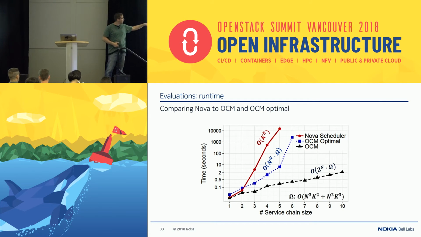Right from the third or fourth chain size, Nova Scheduler cannot accommodate such a request, while the optimal can grow to chains of size 5 or 6, and with the relaxing assumption, the OCM algorithm can scale easily up to chains of size 10, which is easily a couple of seconds of going through all iterations and then performing the reduction.